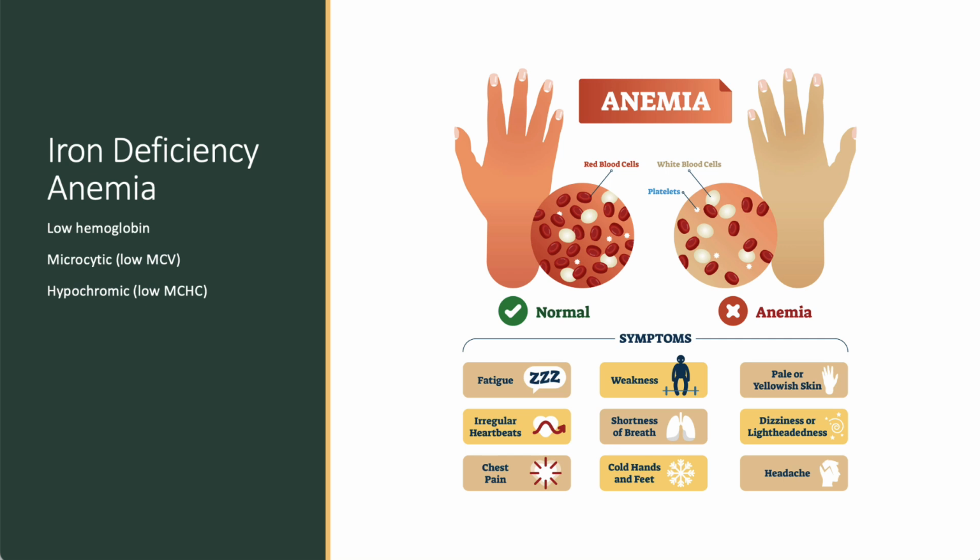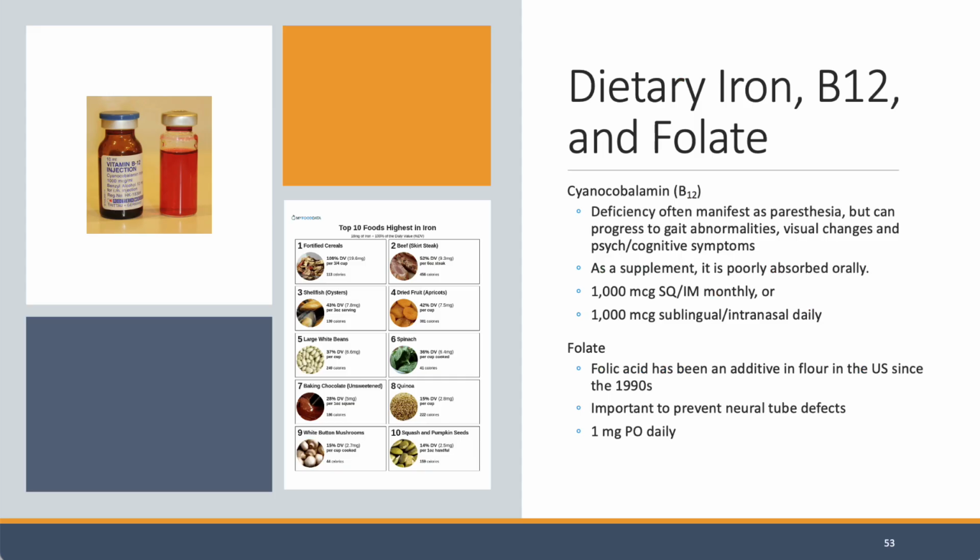I think those are the numbers. It's something like that anyway. So that's why iron deficiency anemia is so bad. If you don't have enough iron, then we need to give you iron. So we give dietary iron and B12 and folate if needed.